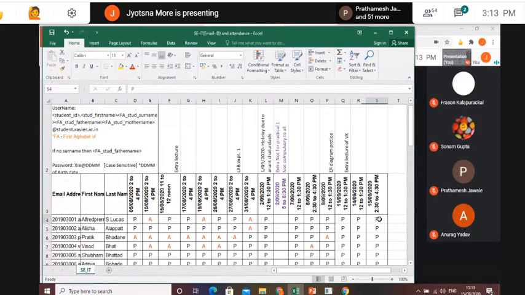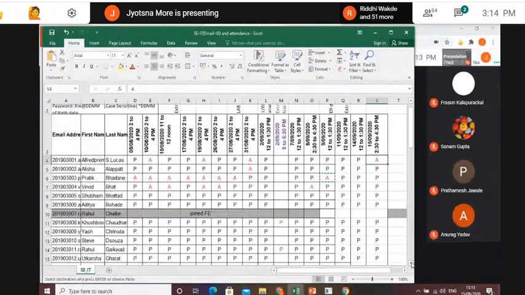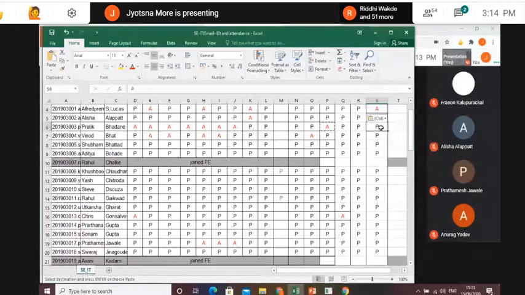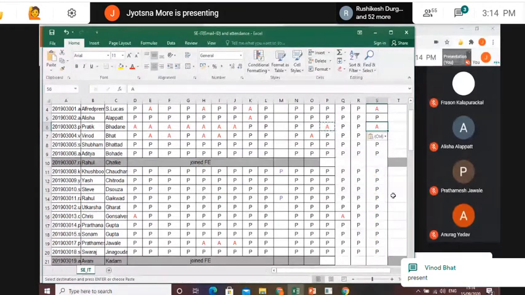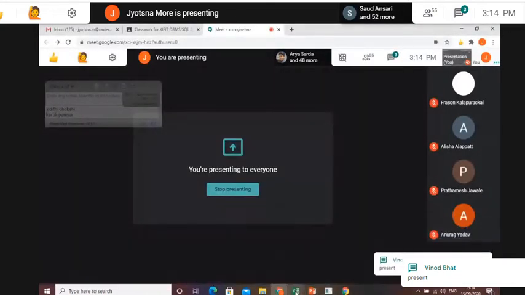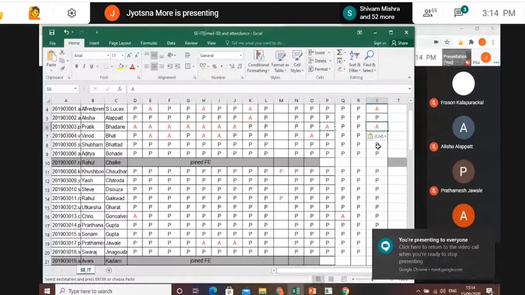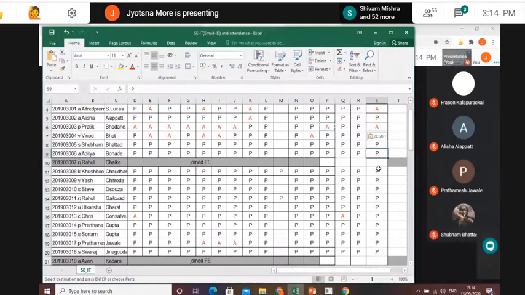Roll number 1, Alfred is there. 2, Present, Miss. 3, Pratik. 5, Present, ma'am. 6, Present, ma'am. 8, Present, ma'am. 9, Present, ma'am. 10 is there.